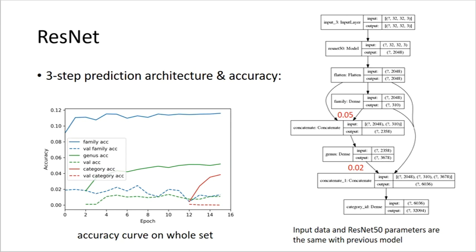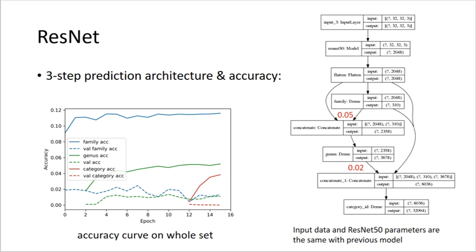The left is the training plot. The plot shows that on the training set, the family accuracy can reach about 11%. The genus accuracy can reach around 5%.